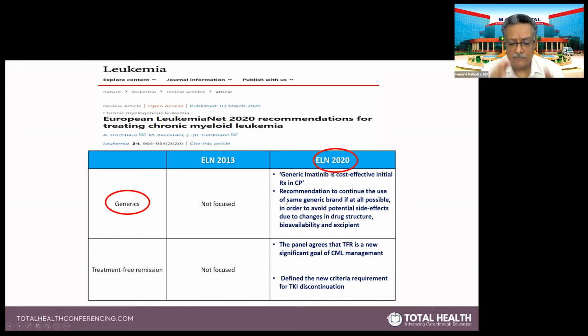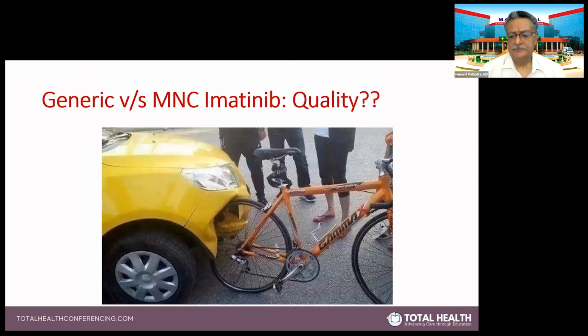So if a patient who is well controlled or newly diagnosed is being shifted from Gleevec to a standard quality generic imatinib, then the same generic imatinib should be continued, and several generics should not be used in the same patient.